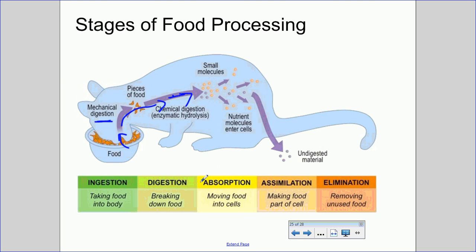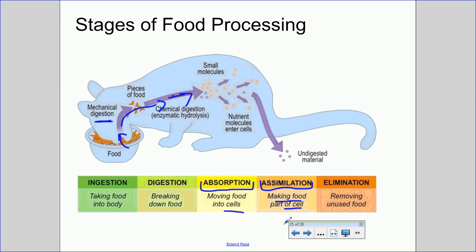Once digestion has completed, the process of absorption can begin. This is where food will then be moved into the bloodstream and then transported to the necessary cells that need it. Once those nutrients are in the cells, this is where they get assimilated, making that food part of their own cell.